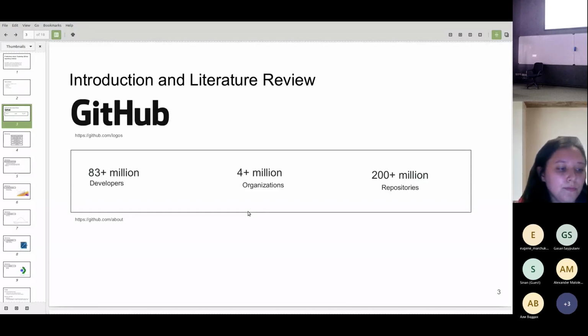And GitHub is the largest web service which is based on Git, where developers of different projects can interact. And now GitHub has more than 83 million developers, and the number of projects exceeds 200 million.